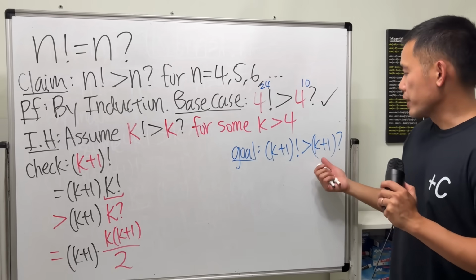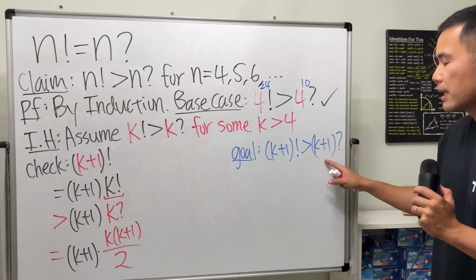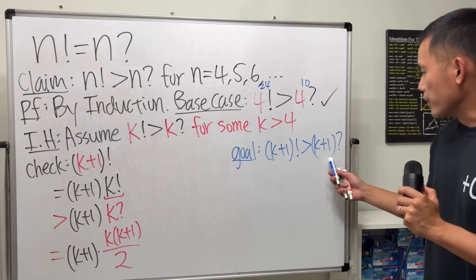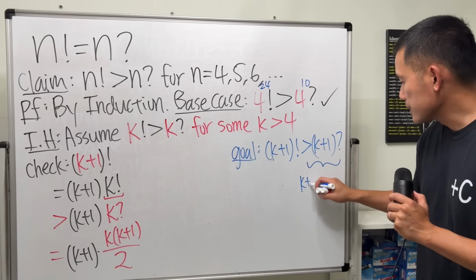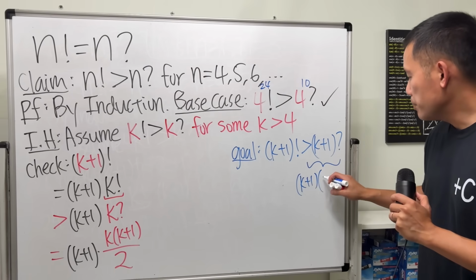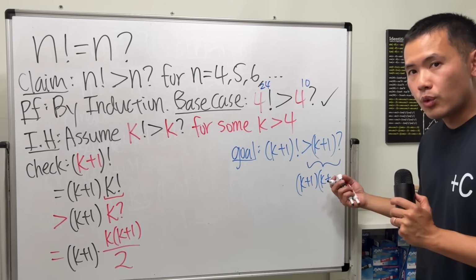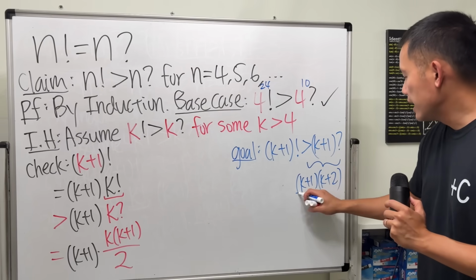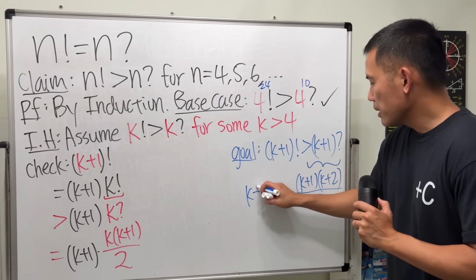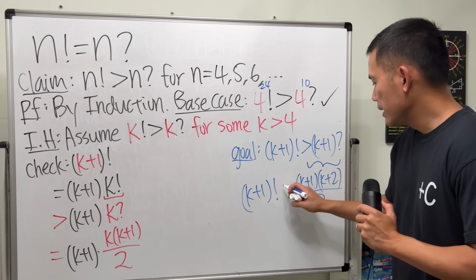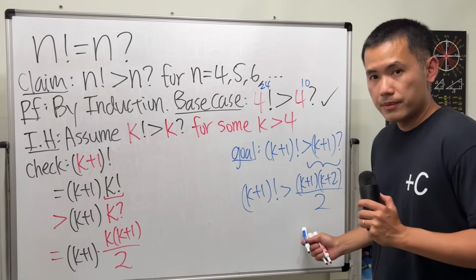Let's use the formula right here as well, but this time for (k plus 1) terminal. You start with k plus 1 times k plus 1 plus another one, which will be k plus 2, and then divided by 2. So we're trying to show (k plus 1) factorial is greater than this thing here.